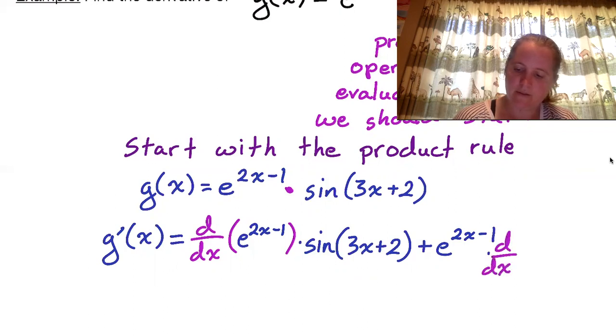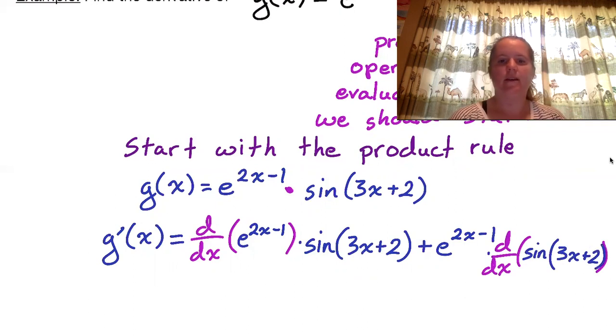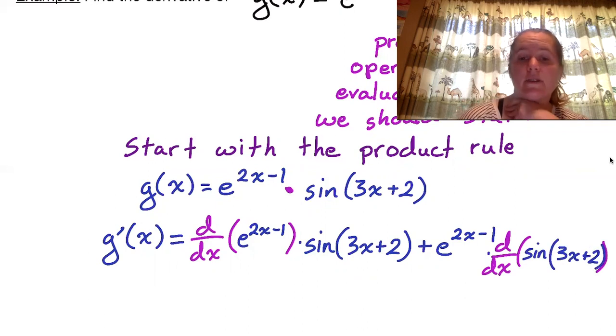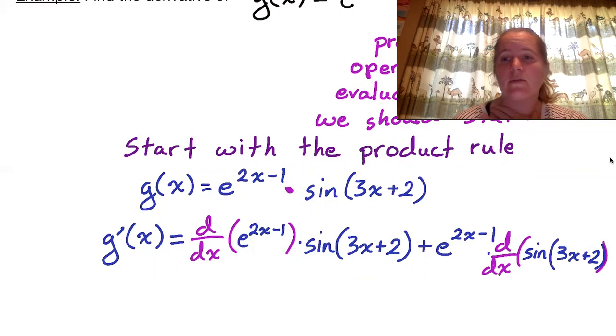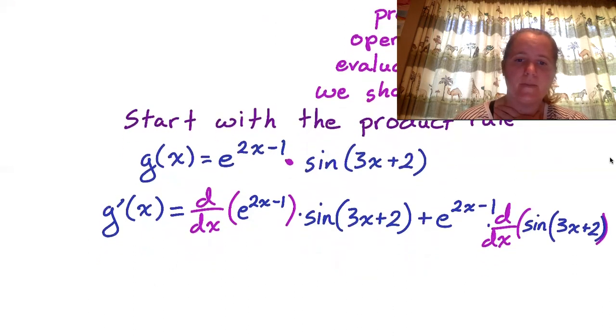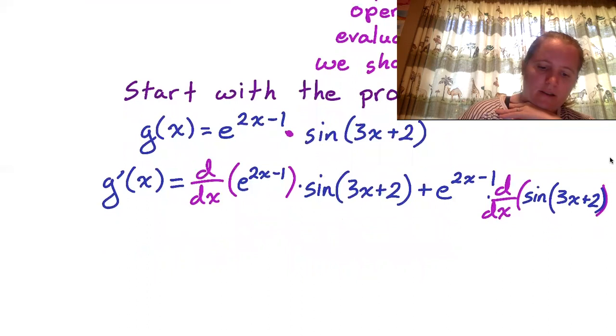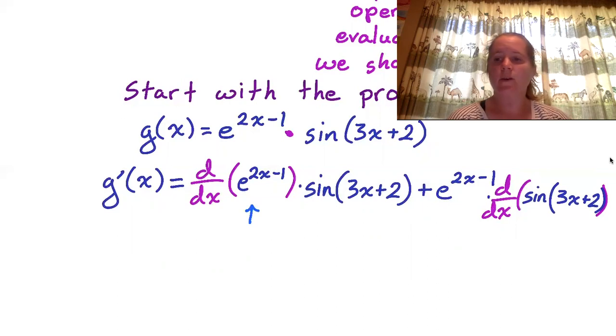So we'll take the derivative of sine of 3x plus 2. So again, I still need to take two derivatives, and both of these derivatives require the chain rule. So let's do this one first, the e to the 2x minus 1, and then we will worry about the other one later.